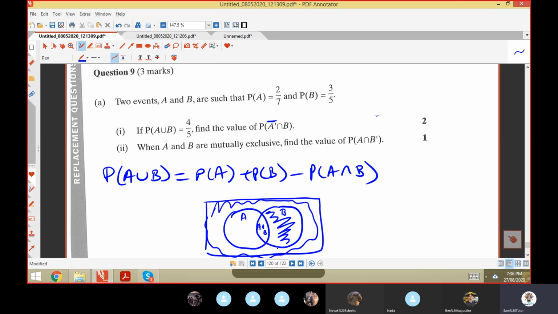Does that make sense? So A or B is 4 out of 5, the outlier is 1 out of 5. No, not necessarily. Hold on. Sorry.